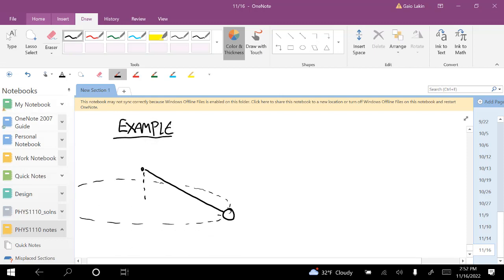And let's say that this rope makes an angle of 30 degrees with the horizontal, the mass is 1 kilogram, and the rope, the cable, has a length of 2 meters.